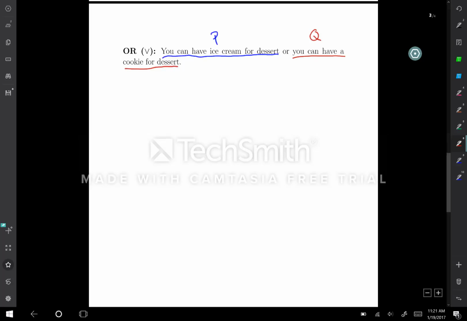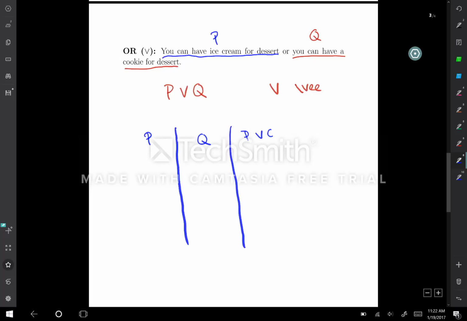So again, let's consider the logic here. We would write P or Q. Our symbol here is V in LaTeX. And our truth table, P, Q, P or Q. Whenever we have two statements, there will be 4 possibilities.